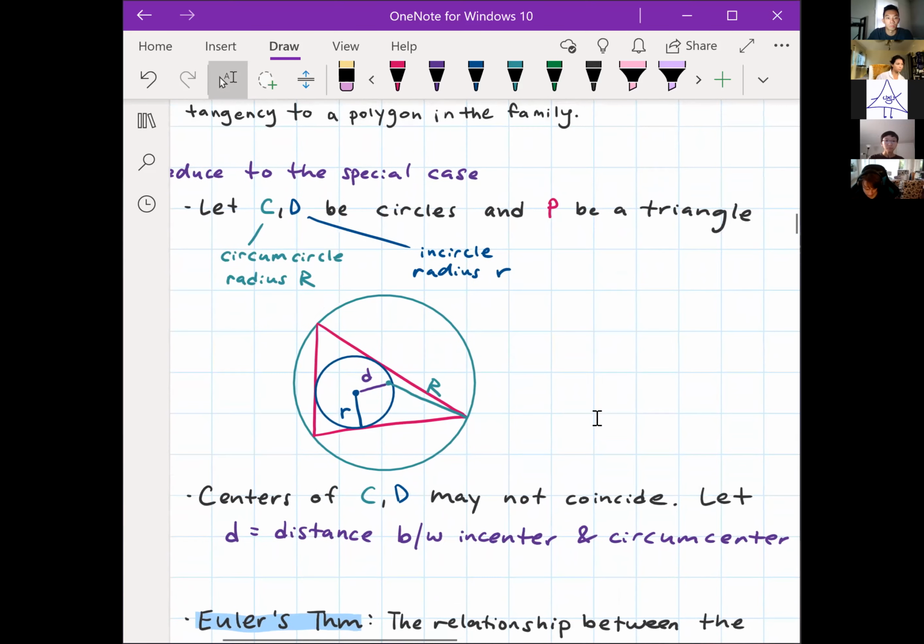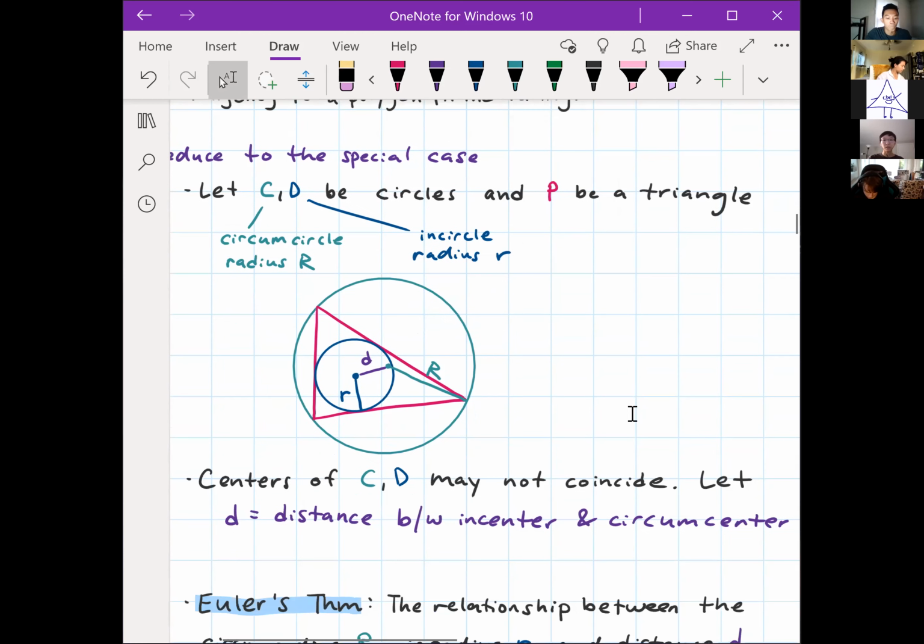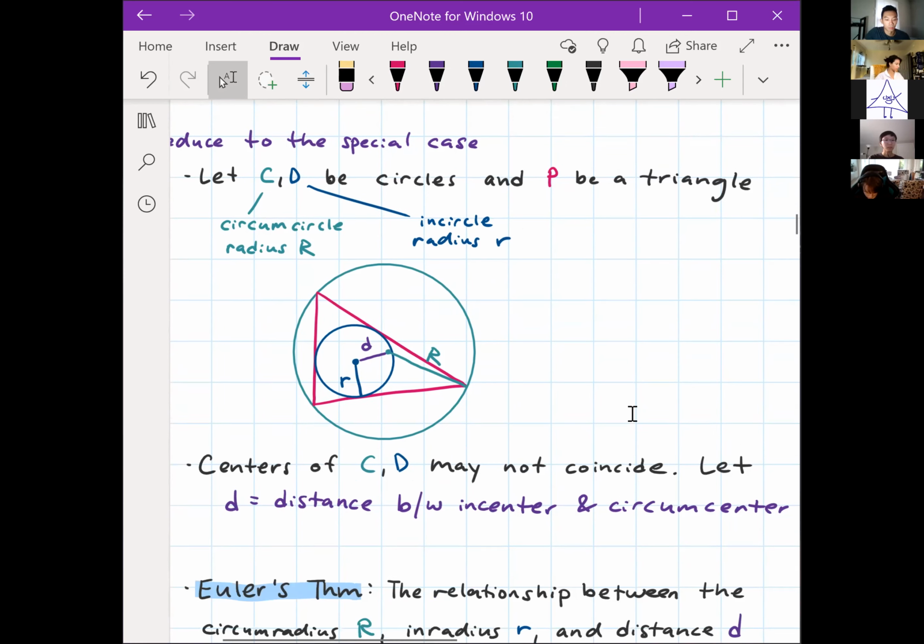Okay, so in this case, we actually have a criterion which tells us exactly when C and D have a triangle fitting between them. And this is a result from Euler.